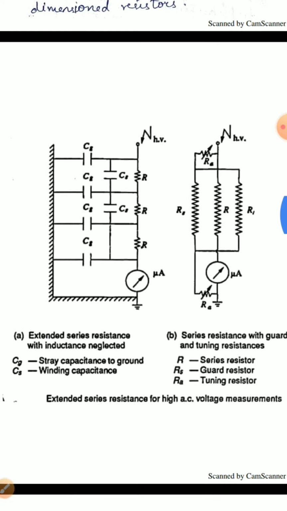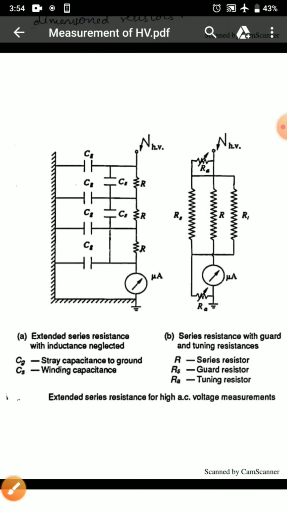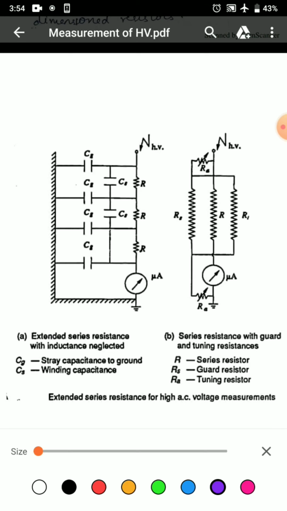Let us go through the diagram for measuring high AC voltage using an extended series resistance. The equivalent circuit of the HV resistance, neglecting inductance, and the circuit of a compensated series resistor using a guard and tuning resistor is shown here.